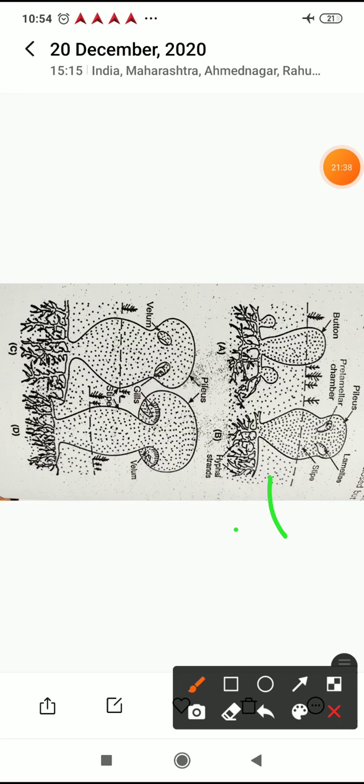These are some of the stages of development of basidiocarp. This is the first, second, then third, and the fourth.